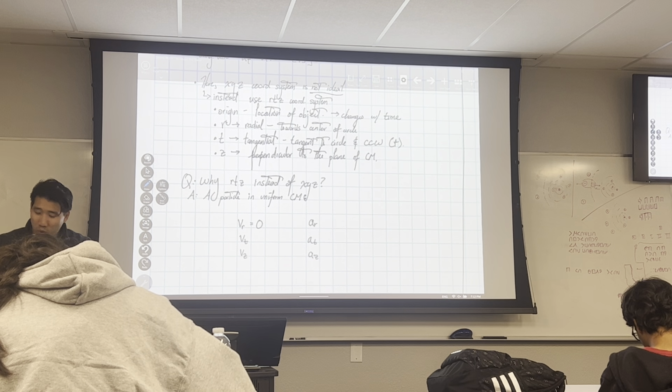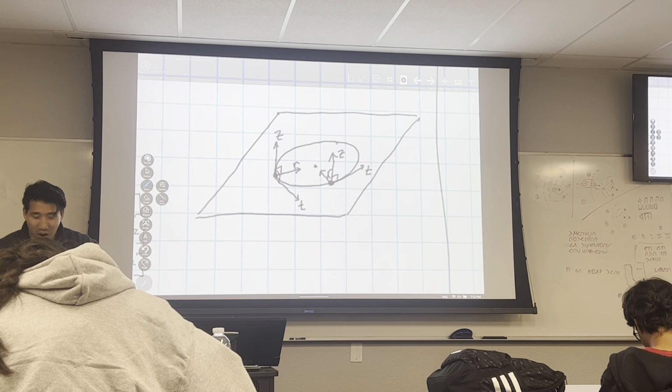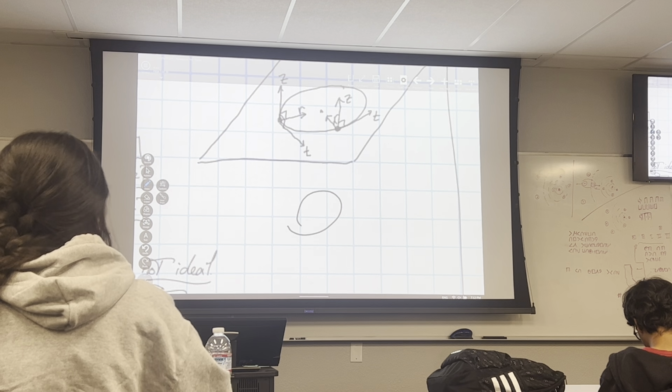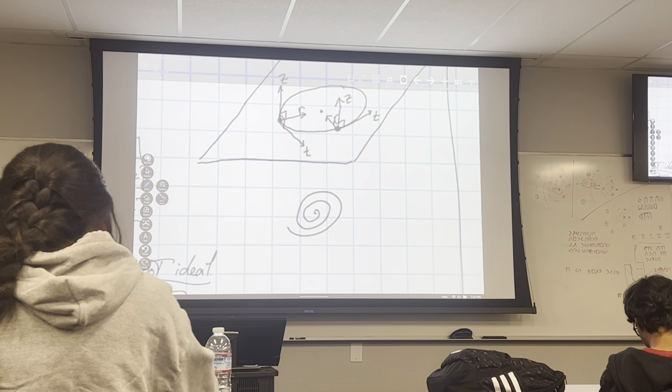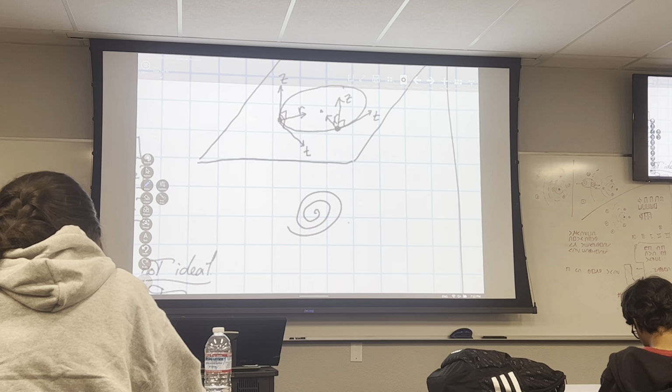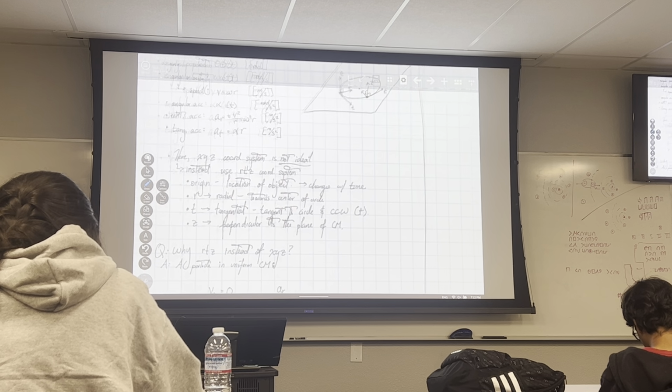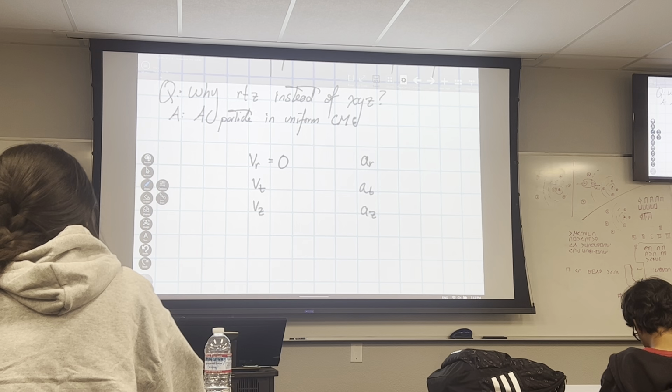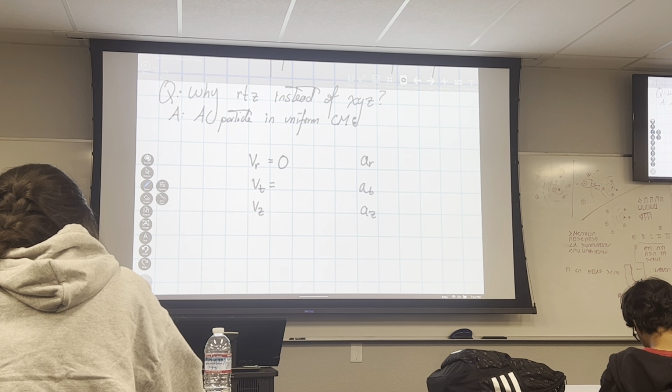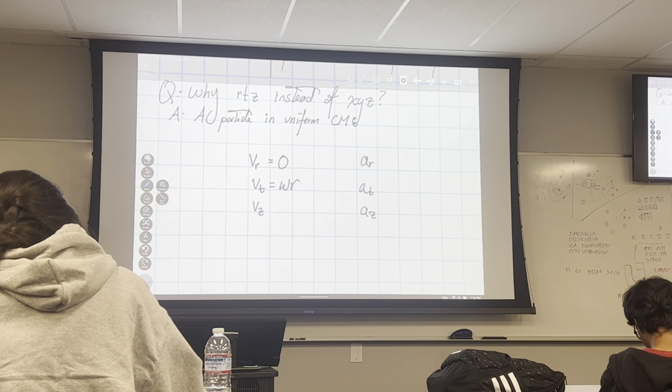If VR was positive, positive R is pointing towards the circle. If VR was positive, then it would spiral in like this. But in circular motion, it doesn't do that, so VR is equal to 0. The tangential velocity is simply its speed, and from our circular motion section, we know that it's simply omega r.